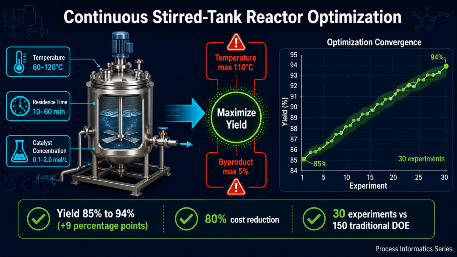The key challenge is maximizing yield while respecting safety constraints, keeping temperature below 110 degrees and side reaction rate below 5%. Using constrained Bayesian optimization with probability of feasibility, we lifted the yield from 85% to 94%, a 9 percentage point gain in just 30 experiments compared to 150 with traditional DOE, representing an 80% cost reduction.